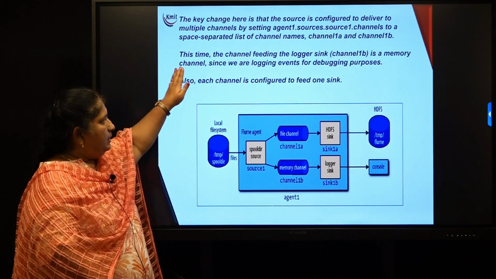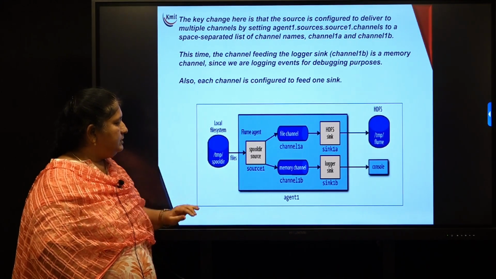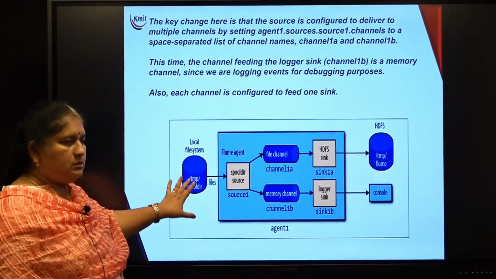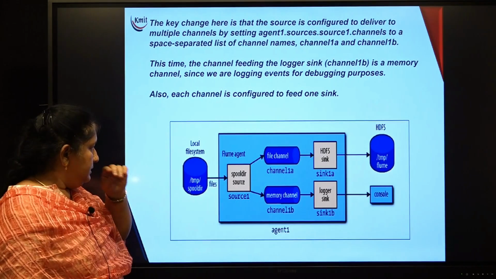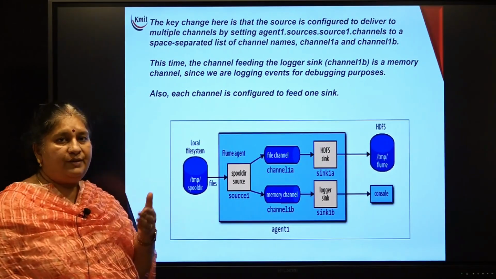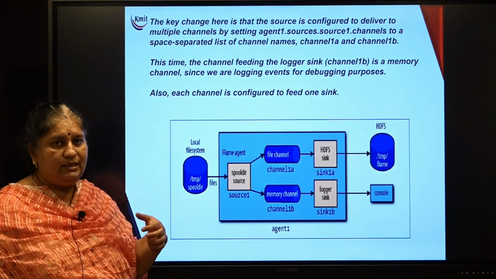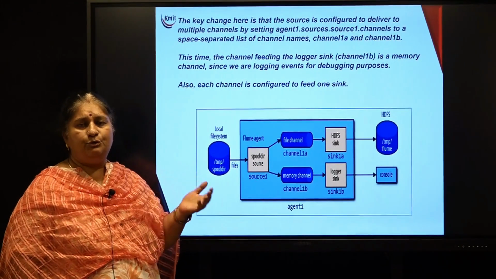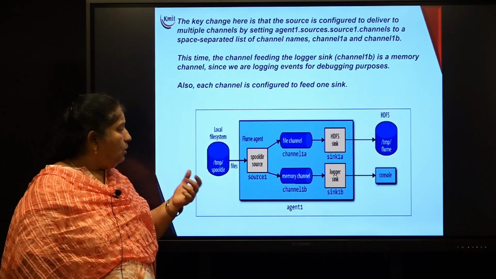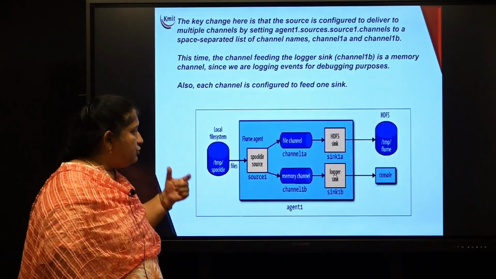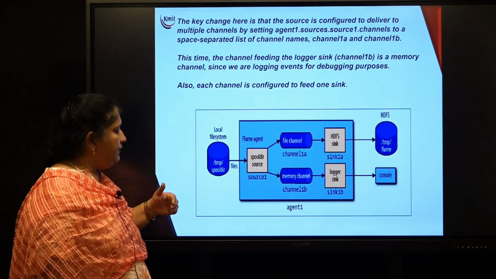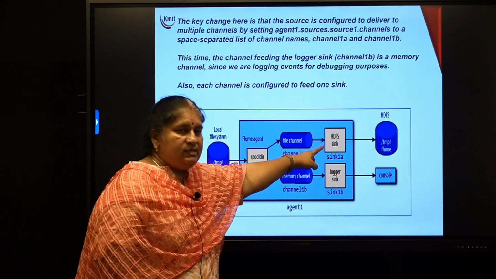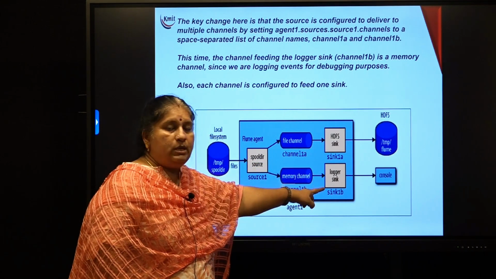Then fan out can be explained using this diagram. We are generating events via this file system. Whatever is happening in the file system, somebody storing a new file, somebody reading a file, somebody making modifications to a file, whatever the events may be, we inform these events via the channels to two destinations: one is the HDFS system, the other one is a logger.